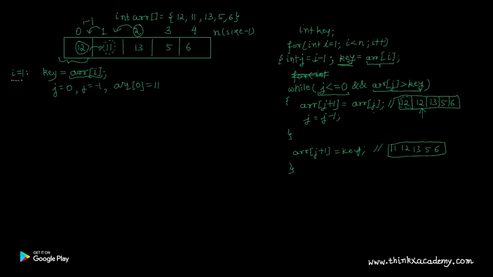So you can see that after running this while loop and this single statement, algorithmically we have placed this card at its specific position. So now the array after this pass, i equals 1, will look like 11, 12, 13, 5 and 6.